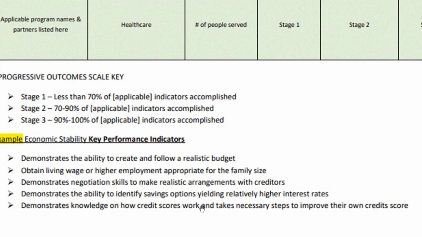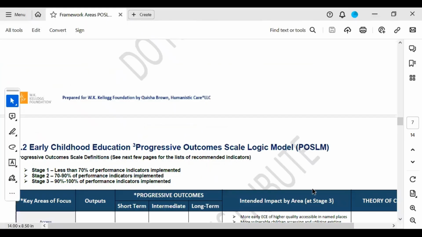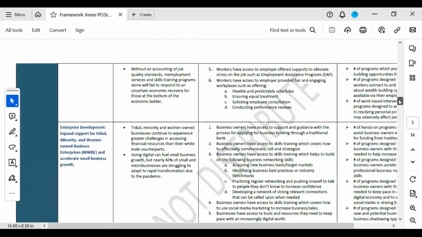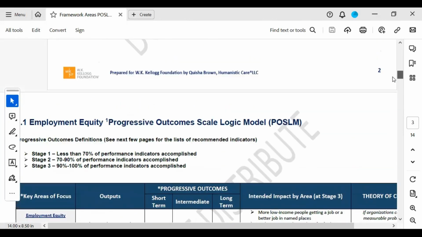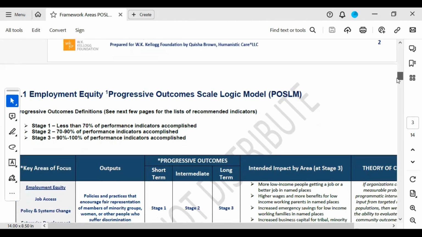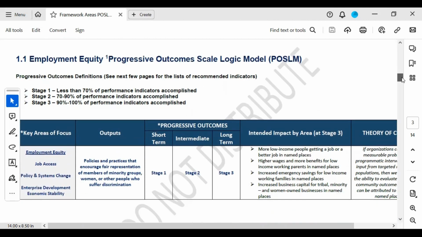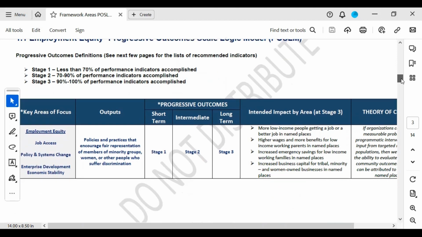We'll use the progressive outcome scale logic model that was recently created for the Kellogg Foundation. The Kellogg Foundation has three main focus areas: employment equity, early childhood, and food, health, and well-being. Therefore, there were three separate progressive outcome scale logic models created for the Kellogg Foundation. The first is employment equity, and as you can see here, they have very specific key focus areas.